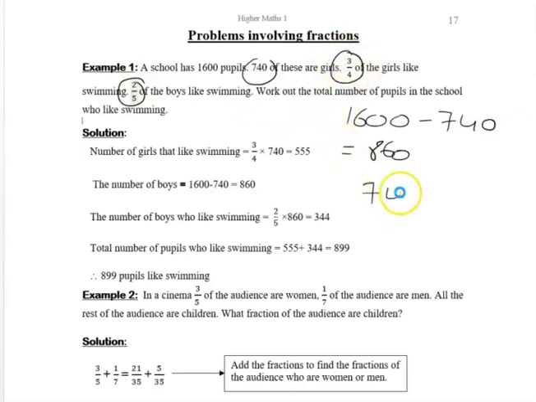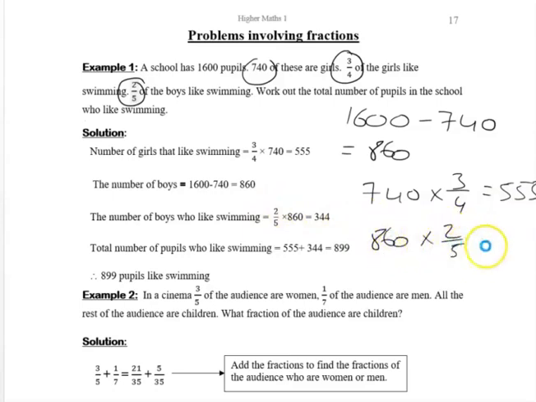So we're going to do 740, work out 3/4 of it, and that's going to give us 555. Then we're going to do 860 multiplied by 2/5. That's going to give us 344. So when you add 555 with 344, we're going to get 899.